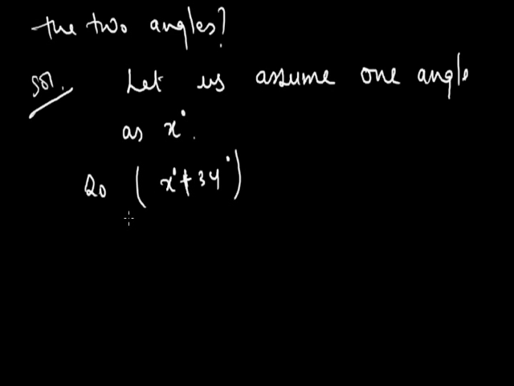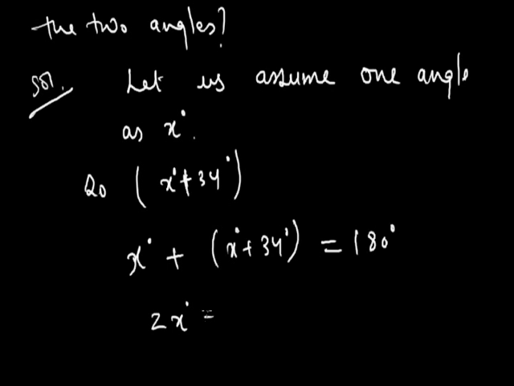Now it is given that they are supplementary angles. Applying both those angles on the definition of supplementary angles, I will get an equation x degree, which is first angle, plus x degree plus 34, which is second angle, is equals to 180 degree. From here I will get 2x degree plus 34 degree is equals to 180 degree.